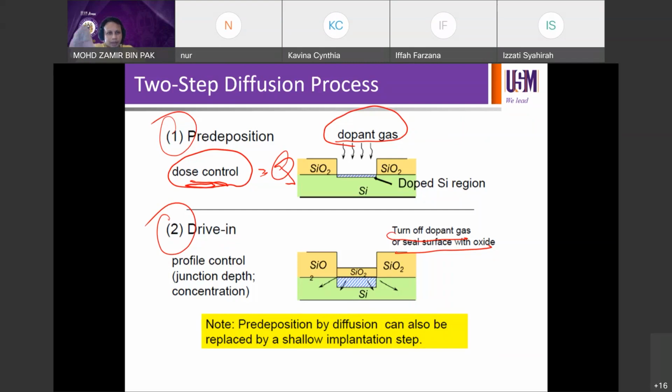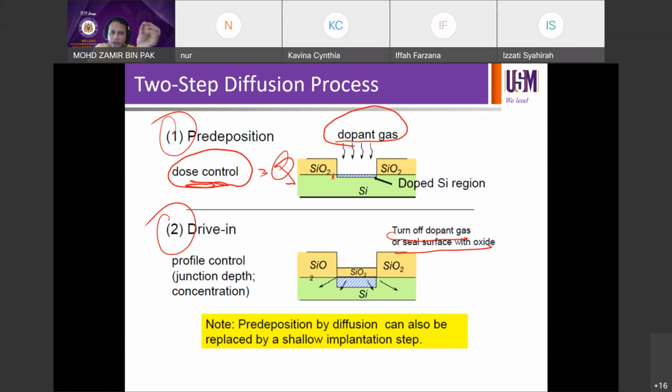What I mean is, when you run pre-dep, you are constantly supplying the dopant gas, whether it's boron or phosphorus, whatever. You're supplying the gas at the same time while you are diffusing them into the silicon. But for drive-in, you stop the supply of the gas, so there's no new dopant coming into the tube, coming to the surface of silicon, but you just diffuse whatever you have on the surface.